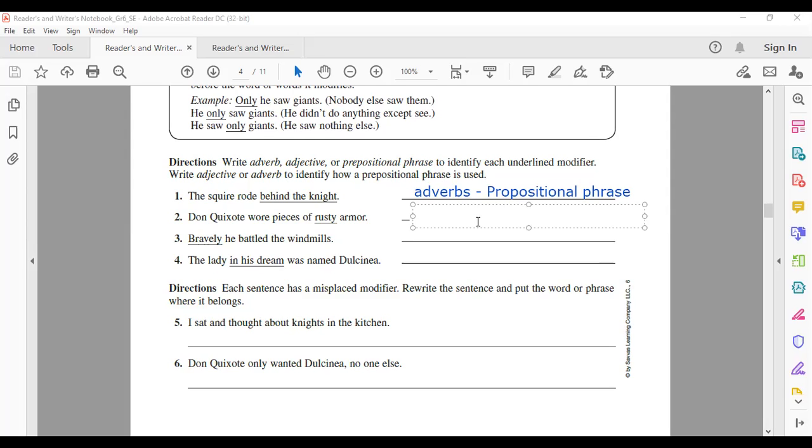Don wore pieces of rusty armor. He wore what? Pieces. Pieces of what? Rusty armor. So armor. Rusty here, it describes what? The armor. So is it adverb or adjective? Adjective. Adjective, excellent, because it describes a noun. Very good.